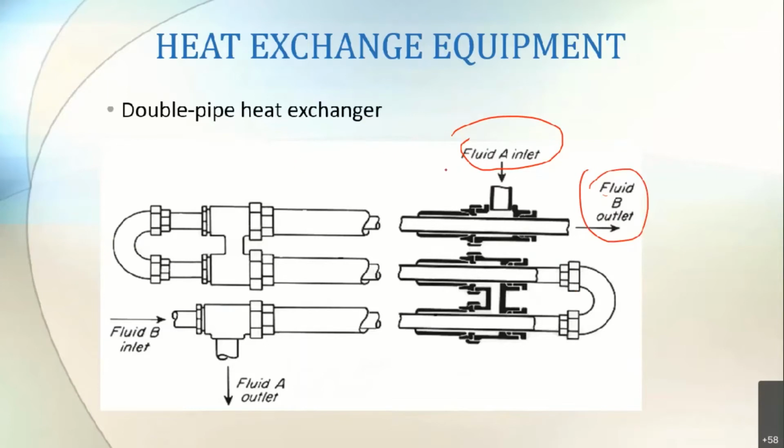The function of a heat exchanger, it's in the name, is to exchange heat. So you want to exchange from fluid A to fluid B or fluid B to fluid A. This is certainly used a lot in the industry for heat transfer purposes.